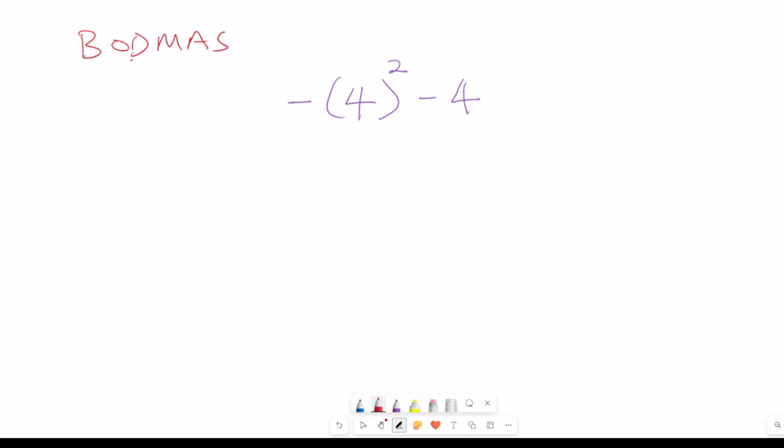So we now go to the orders, the indices, and we have this one here. So actually, between negating this term and resolving the power 2, the power 2 comes first, okay?